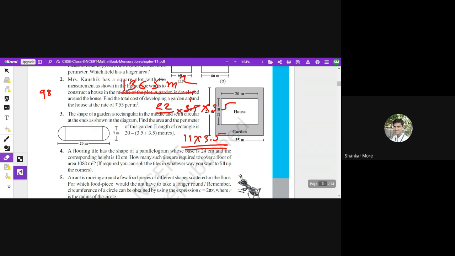right? So यहाँ पे ये जो लेंथ है, which length? This length is 22 meters. Now अभी हमें ये वाली लेंथ ऐड करनी है, ये वाली लेंथ ऐड करनी है. So आपको याद है ये कितना था? ये था 14. तो ये भी 14 ही होगा. So 14 plus 14 is 28 and 28 plus 22 is 50. So 50 is going to be the perimeter of this complete garden.